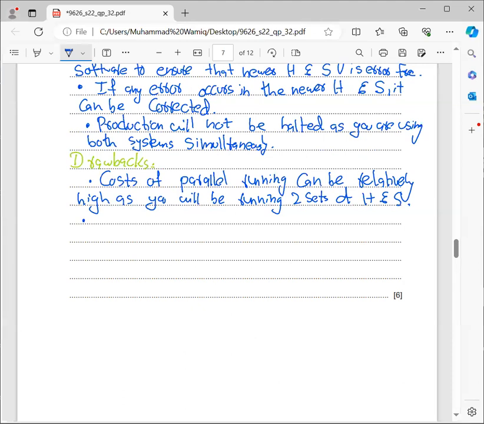The second part can be it might require more power and more staff to run two systems.